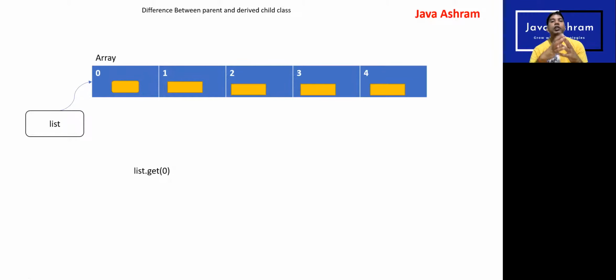For that you need a parent class. The Object class is the parent of all objects, so we can hold any kind of object in an Object reference variable. So this will execute successfully. Okay, let me give you another analogy to understand better.